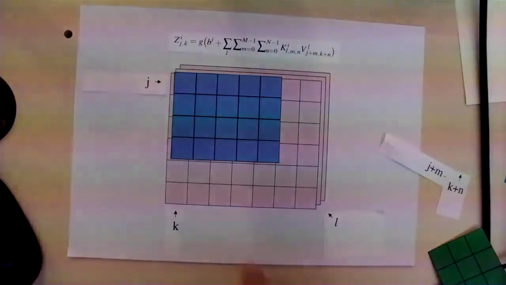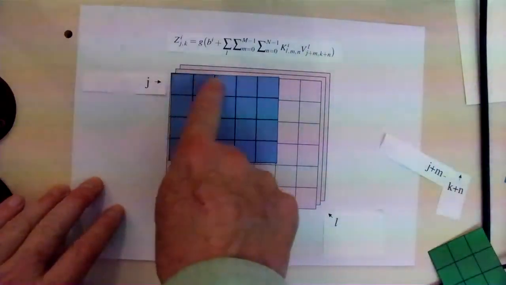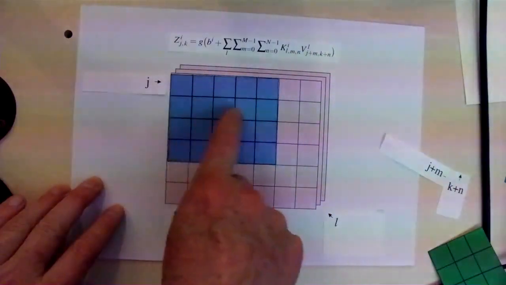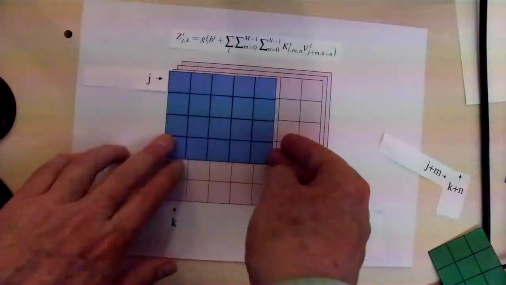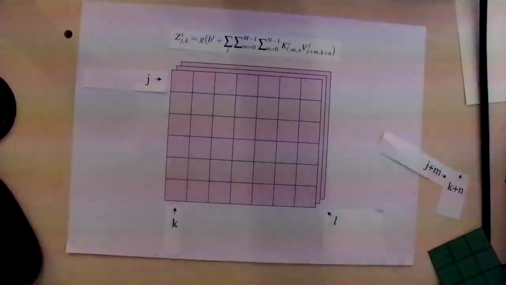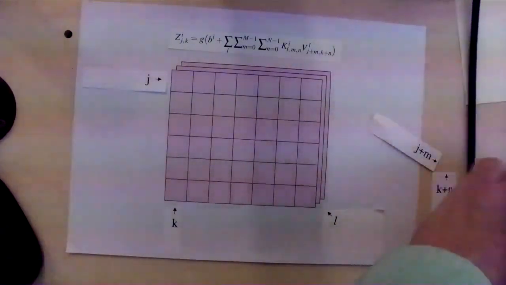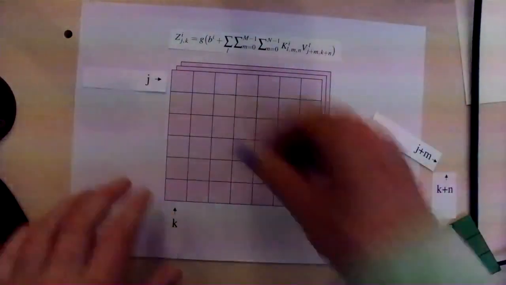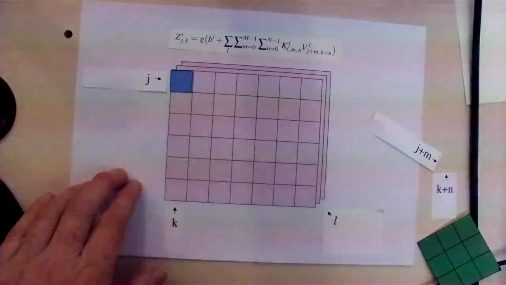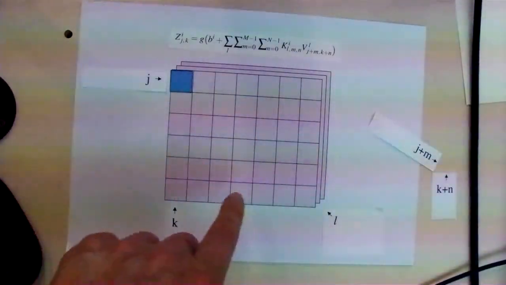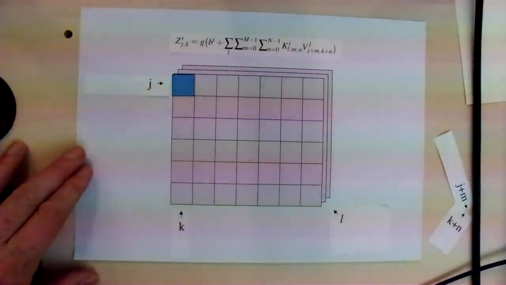And I'm going to compute the activation of each of these nodes in this hidden layer one by one. So I'm going to start by computing this one in the corner. And it's not going to be dependent on all of the inputs.